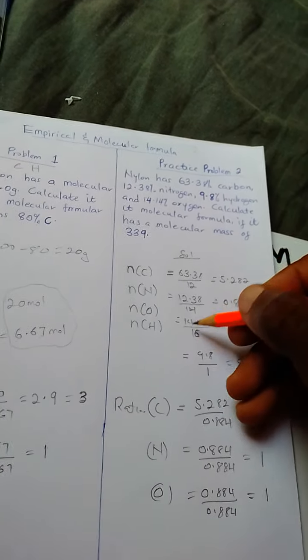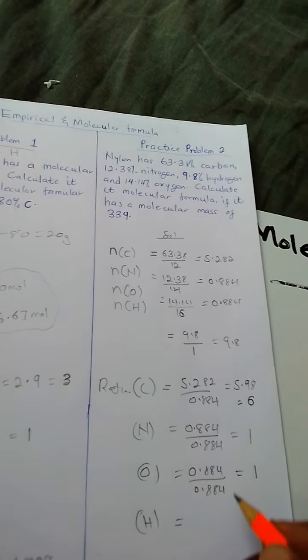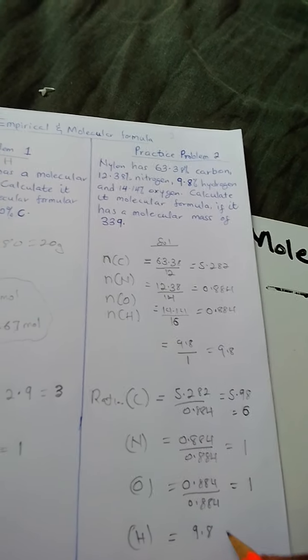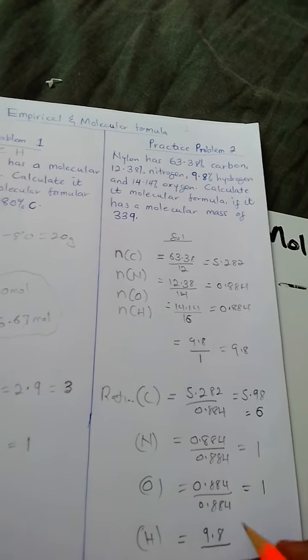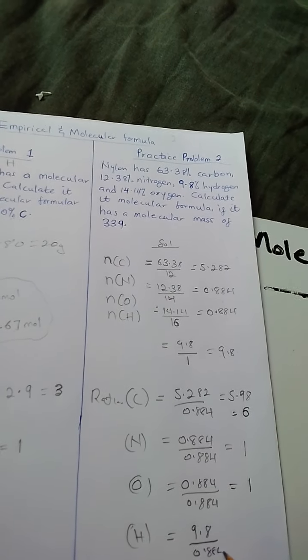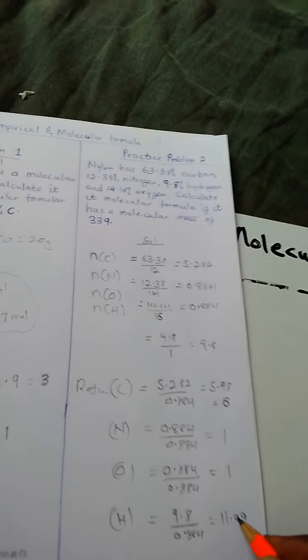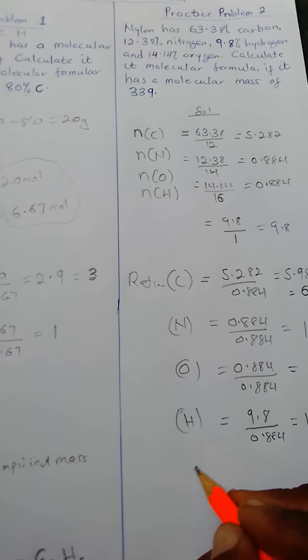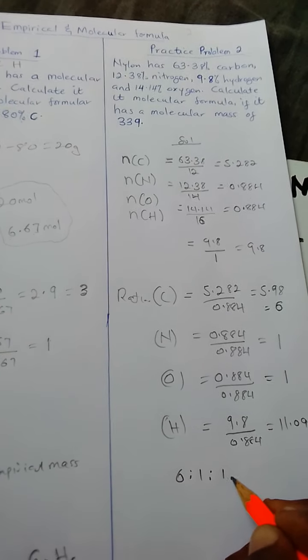Now we come to hydrogen. The moles are 9.8 over the minimum figure, 0.884. This gives you 11.09, which is approximately 11. So the minimum ratio existing in the compound is 6:1:1:11.